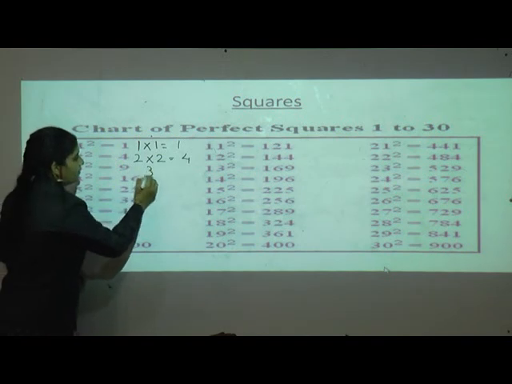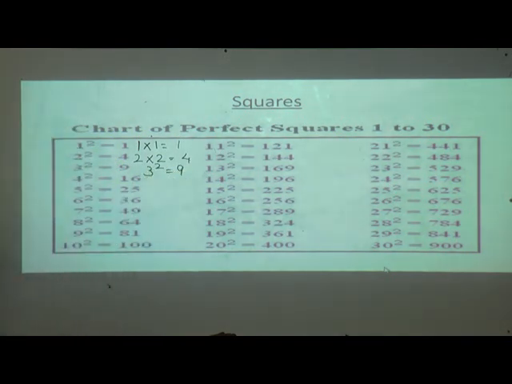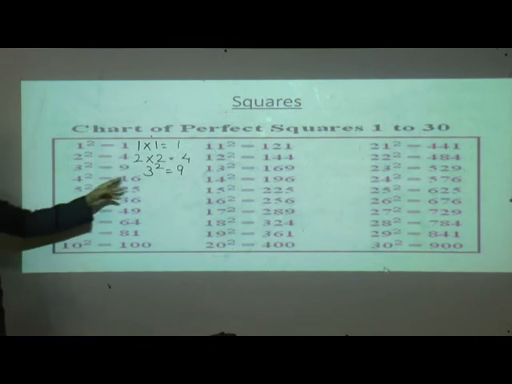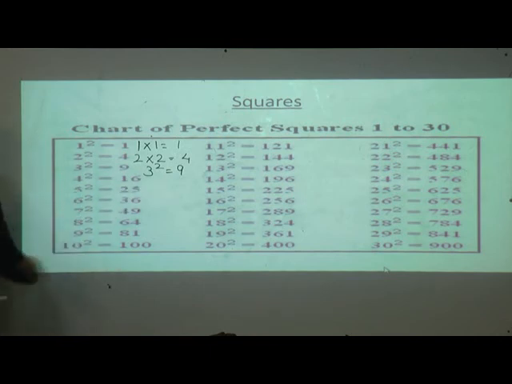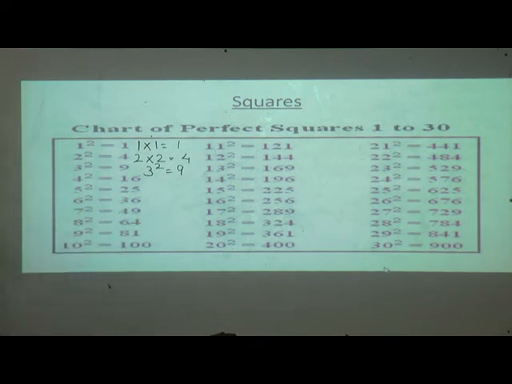It can be written like this. Now for 4, the square of 4 is 16. Square of 5, 25. Square of 6, 36. Square of 7, 49. Square of 8, 64. Square of 9, 81.